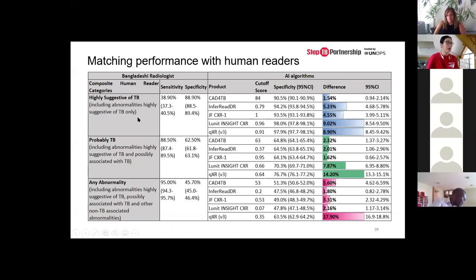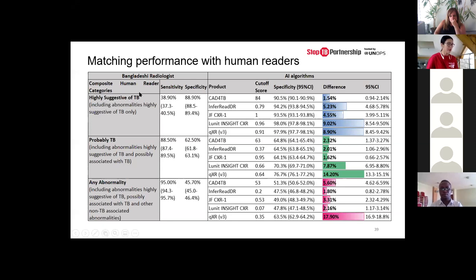In the Bangladesh paper, we studied the human readers, a group of 3 radiologists, and they were asked to grade the X-ray using a standard criteria as highly suggestive TB, probably TB, or any other abnormality.